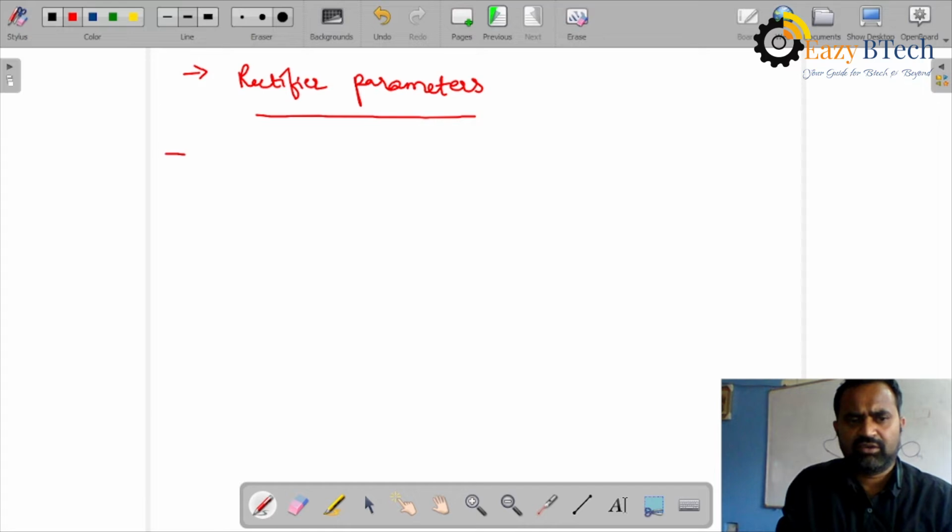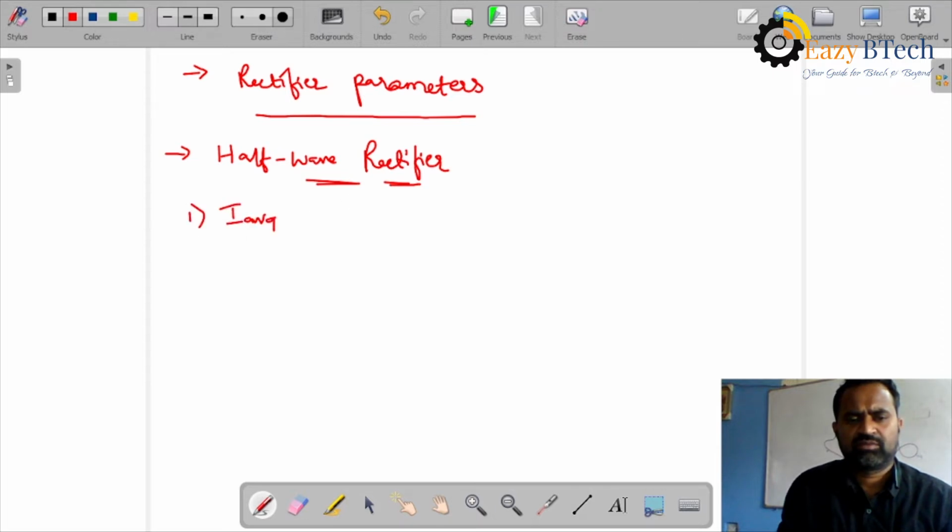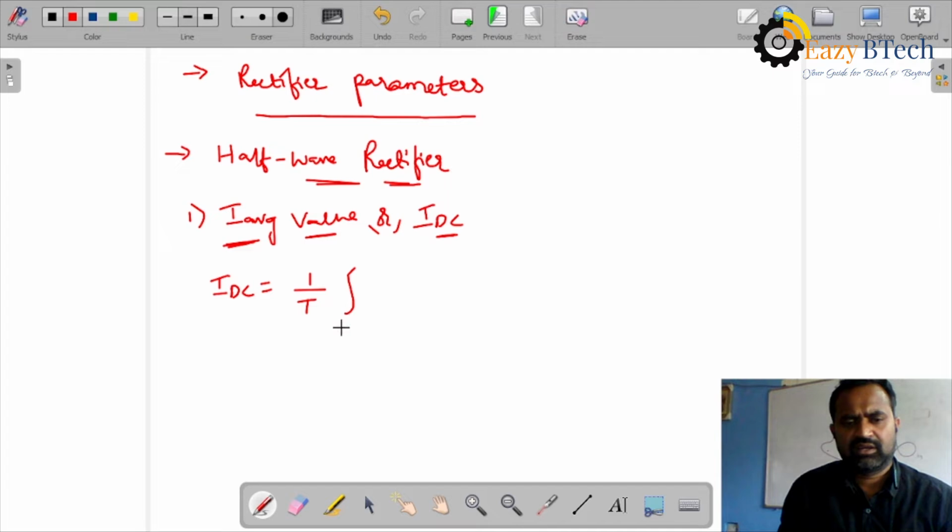Now first, if you take a half-wave rectifier, the first parameter is the average value, or IDC. IDC is equal to 1 by T integral 0 to T of i dt.